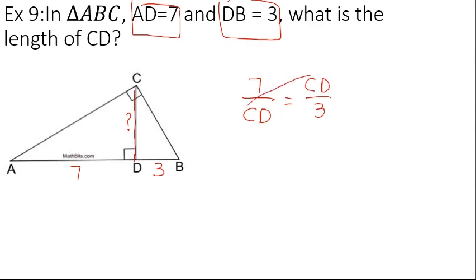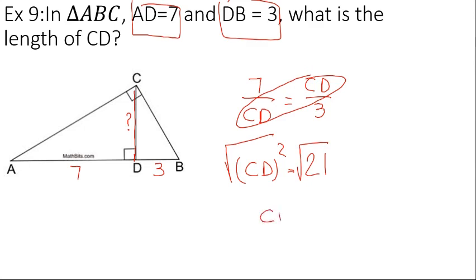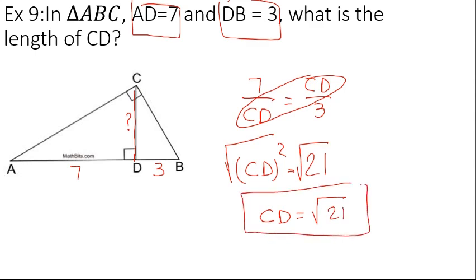And again, cross multiply. CD squared equals 7 times 3 is 21. And I take the square root of both sides. So I say here CD is equal to the square root of 21.